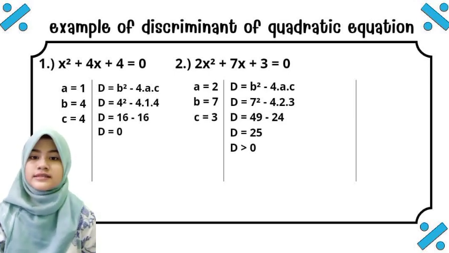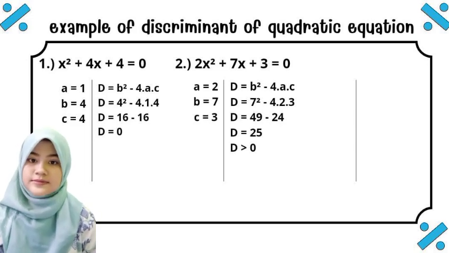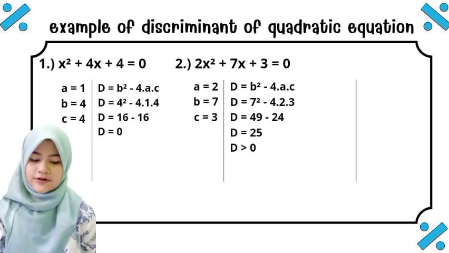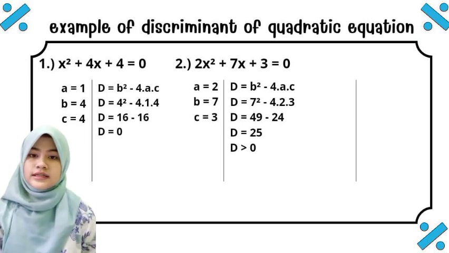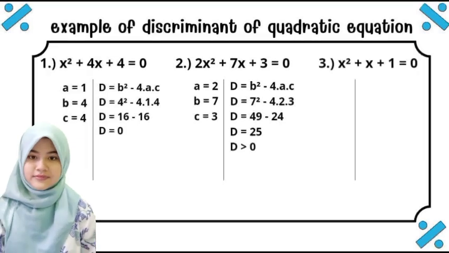D equals 7 to the power of 2 minus 4 times 2 times 3. D equals 49 minus 24. D equals 25. So, d is more than 0. So, this quadratic equation has two roots with different values.